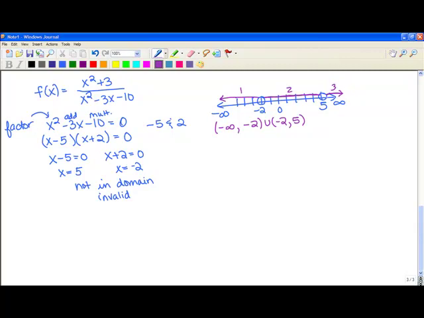And the third interval goes from 5 to infinity. This is the answer for the problem in interval notation. Notice that we took out negative 2, that was invalid, and we also took out the number 5, that was invalid as well.